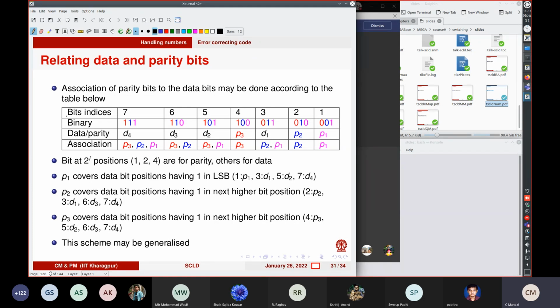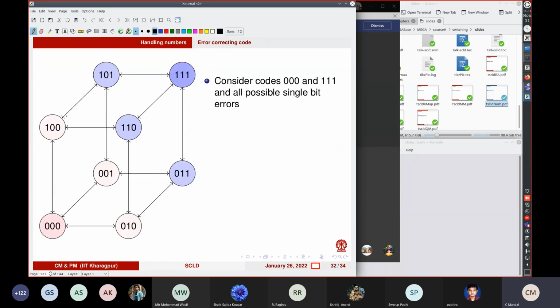So, as you can see, the encoding also helps you to see the association. All right. So now let us just consider 3 bits.